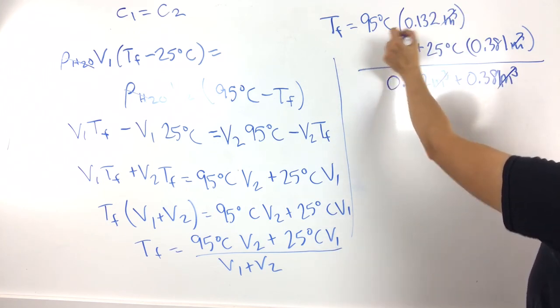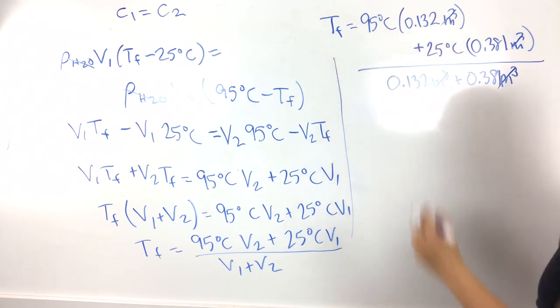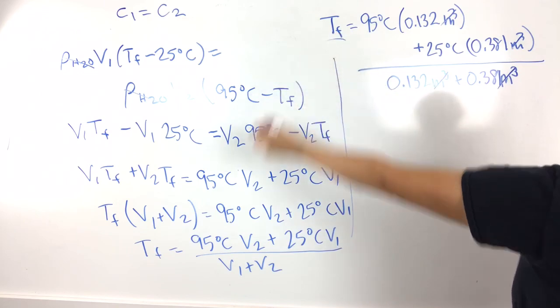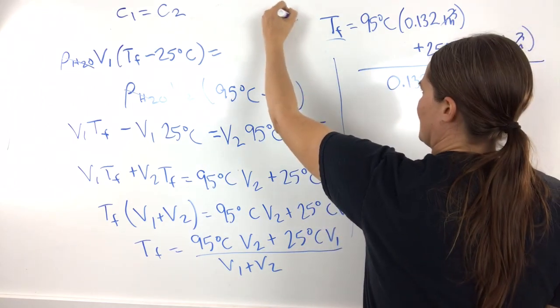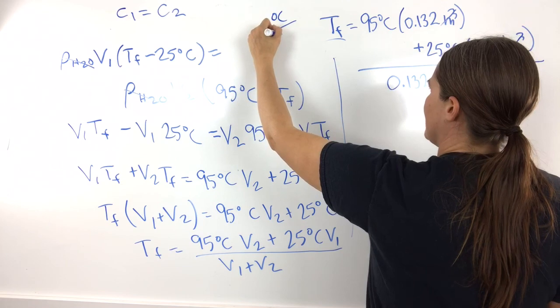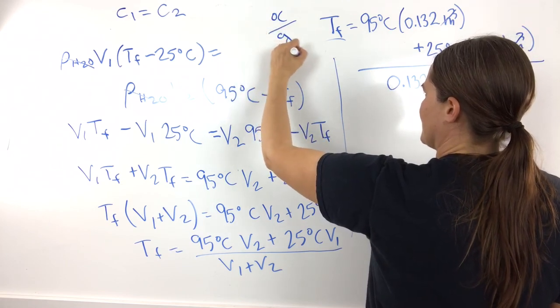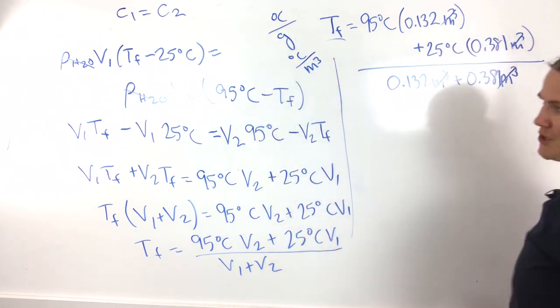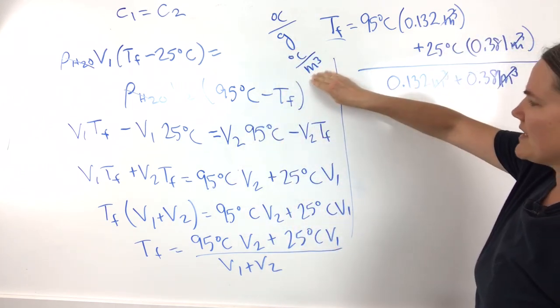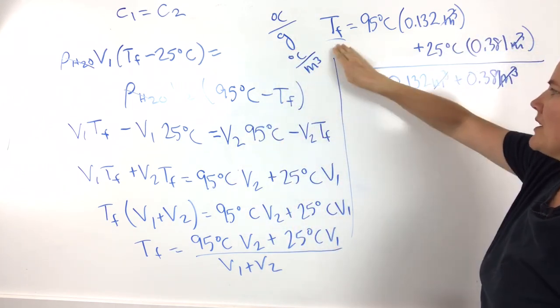Looking at this equation, the meters cubed are all going to cancel out, and I'm left with degrees Celsius, which is what I want because I'm solving for a temperature. If I had ended up with different units, say degrees Celsius over grams, or even if it was still over meter cubed, then these are the wrong units for your temperature.